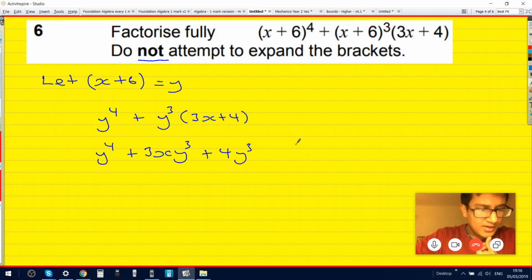You can't. Can you? Yeah, you've got y cubed outside, and then y plus 3x plus 4. And then we weren't asked for y. We were asked for in terms of x. So then you sub it back.